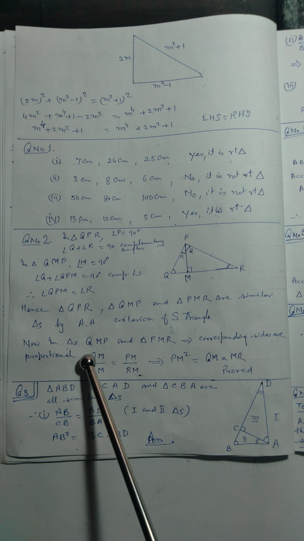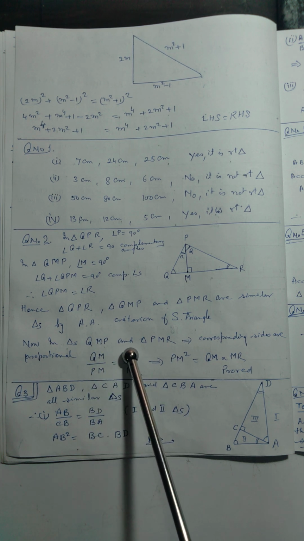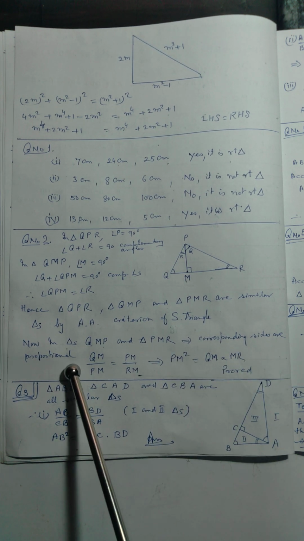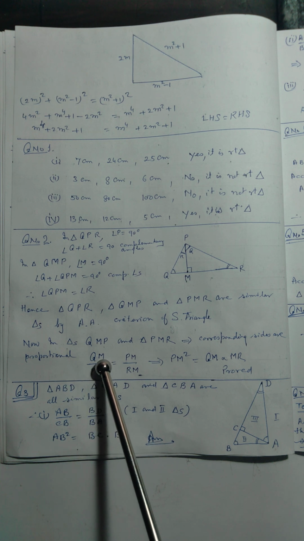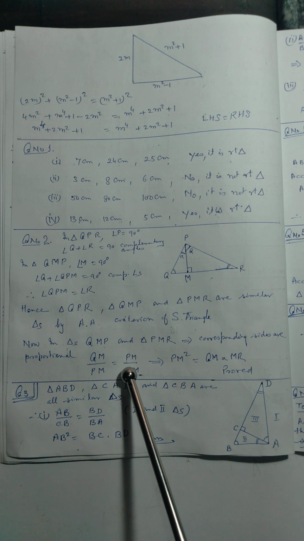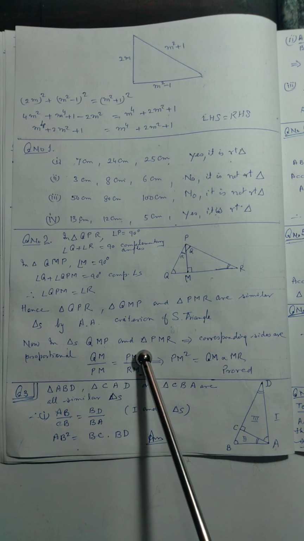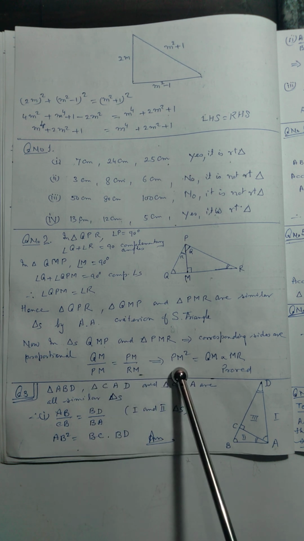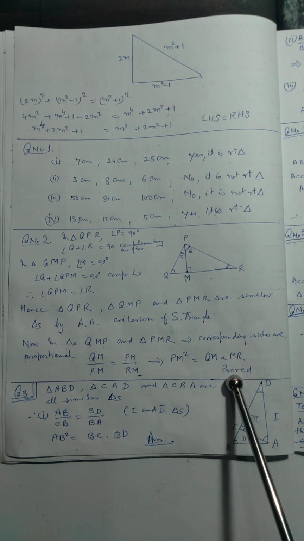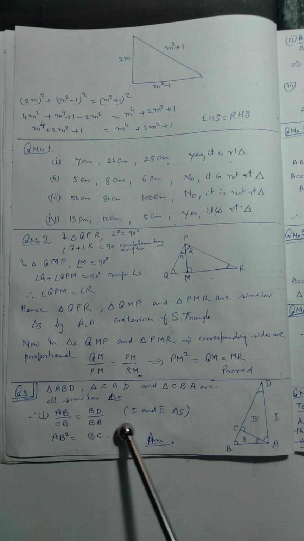Now in triangle QMP and triangle PMR, corresponding sides are proportional. So QM upon PM is equal to PM upon RM. So just cross multiply it, you will get PM square is equal to QM into MR. Hence it is proved. Now proceed to the question number 3.